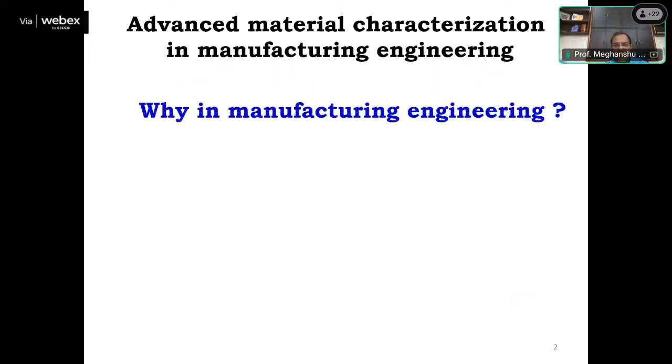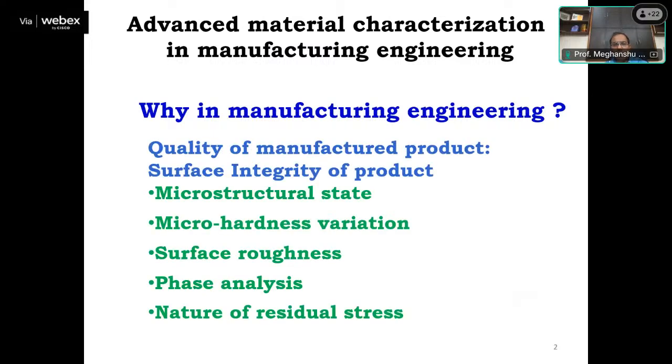Why is material characterization or smart characterization required in manufacturing engineering? Quality is a term that is very popularly used in case of manufacturing. The quality of a manufactured product is assessed by the surface integrity of the manufactured product.